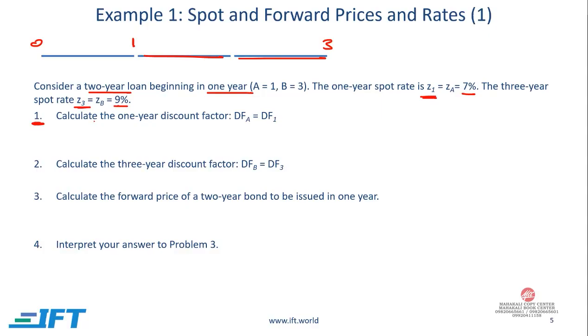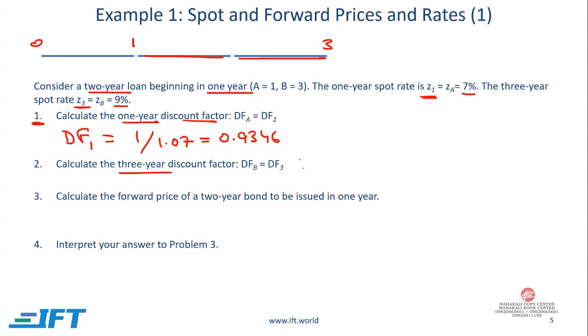The first question is to calculate the 1-year discount factor. I trust this is very easy for you. The 1-year discount factor will simply be 1 divided by 1.07, which is 0.9346. Then calculate the 3-year discount factor.